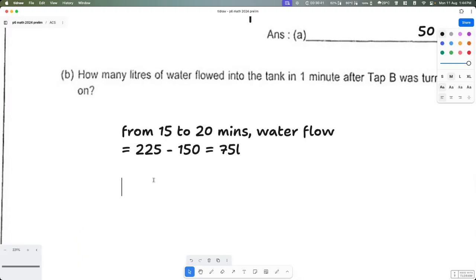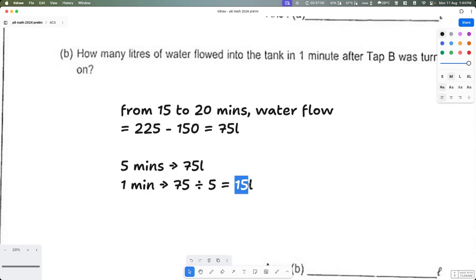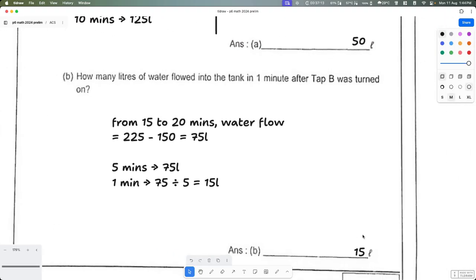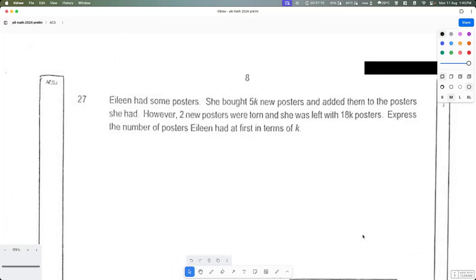So from 15 to 20 minutes is basically 5 minutes. So 5 minutes is equal to 75 liters. Then 1 minute is equal to 75 divided by 5. This should be 15 liters. And that's it. So 15 liters is how many liters of water flowed in tap B after 1 minute. All right, let's move on to the next question.